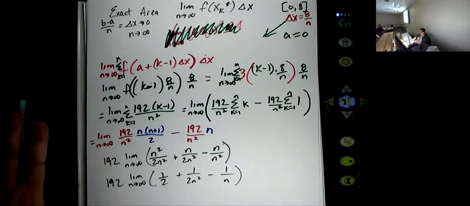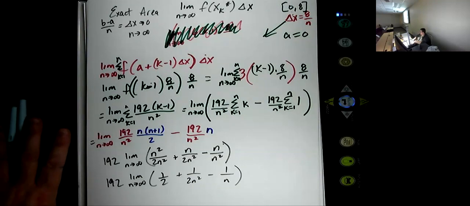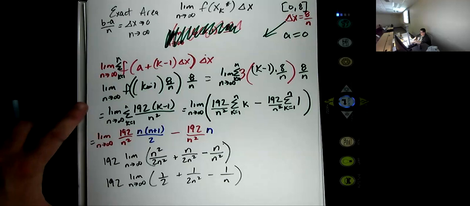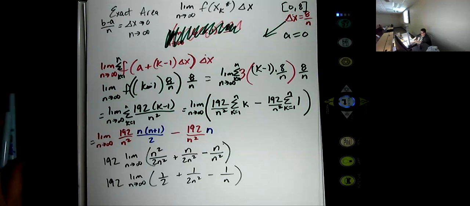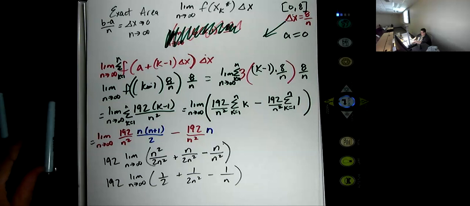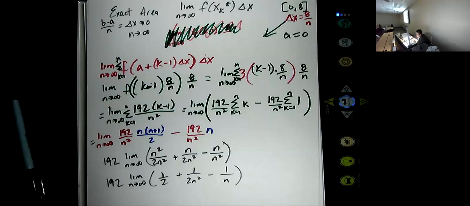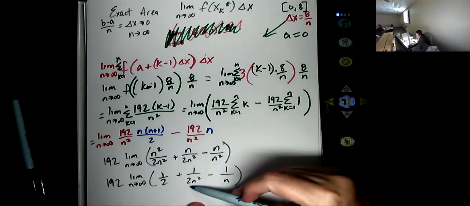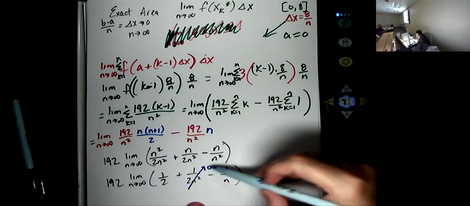Remembering to write the limit and the summation notation is a pain, but you should do it because otherwise it gets confusing, and I lost what I was doing. I had to go back and backfill it in. I made a mistake. All right, so when n goes to infinity, if there's an n in the denominator and not in the top, these go to 0.